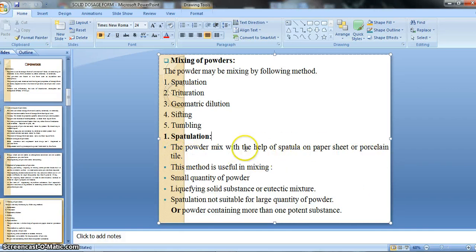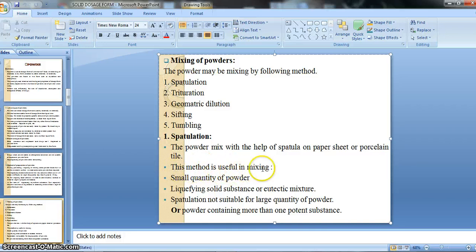This is the spatulation method of mixing.